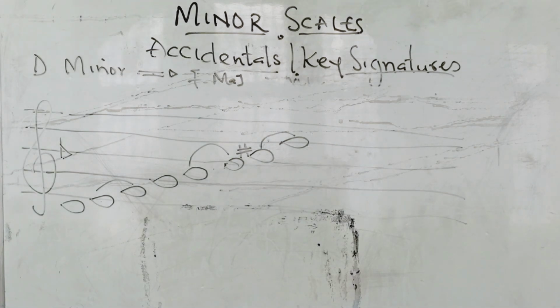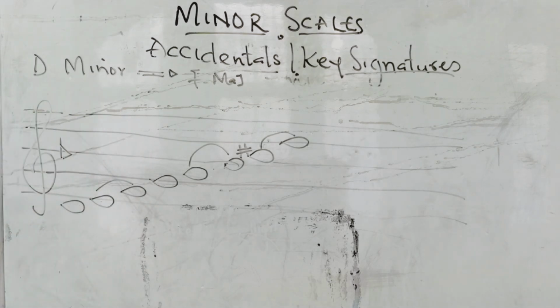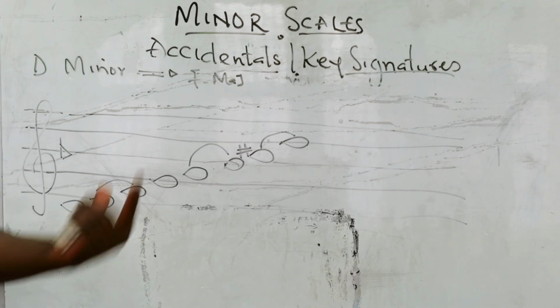So please note that they can give you a note. They'll say, okay, everything is accidental. What key is this? Then you'll be able to say, I shouldn't look at the seventh note to know what the key is. I should look at what else we have here apart from the seventh note. What relative major has this kind of note? Then that's the key signature we use.